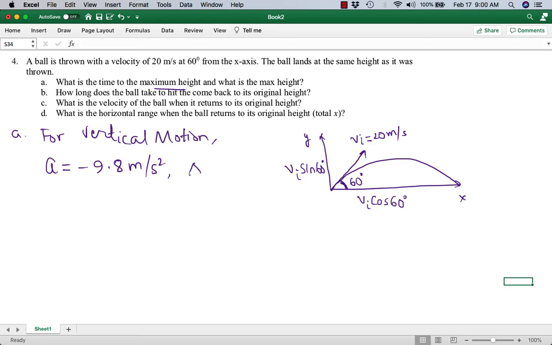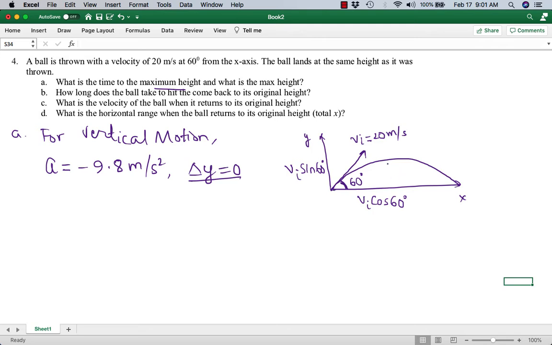So that means delta y is 0. Oh, by the way, it's asking for the maximum height. So when it's asking for the maximum height, then we don't want to consider that to be 0. This is only when we are considering the complete motion, for the total time from this starting point to the end point.